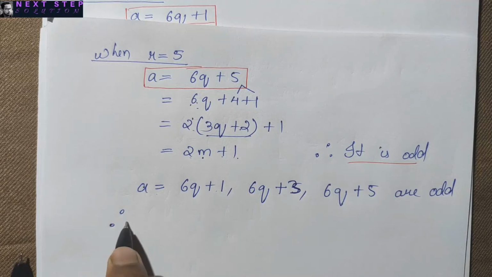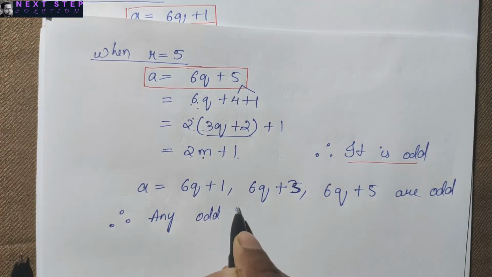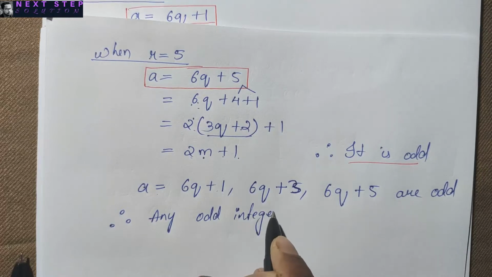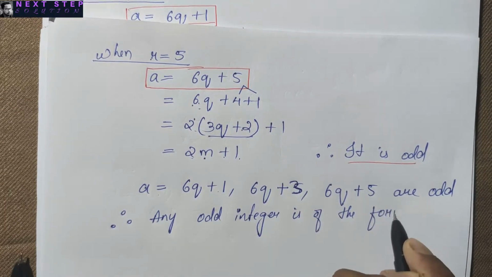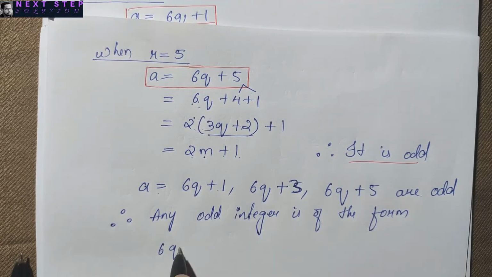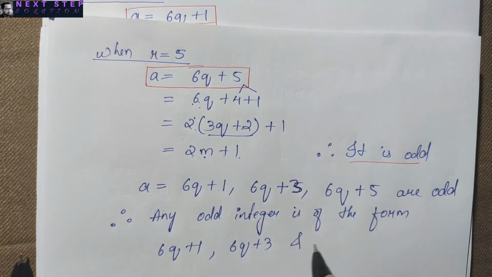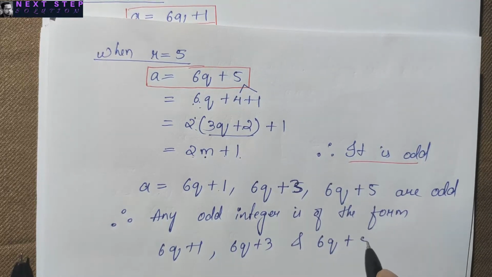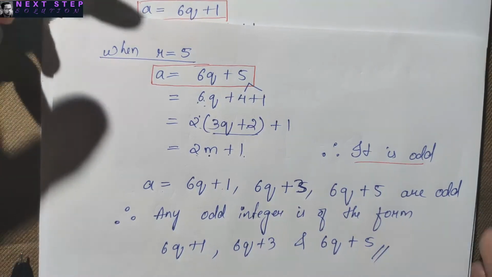Therefore, any odd integer is of the form 6q plus 1, 6q plus 3, and 6q plus 5. Hence proof. Let us take another proof question from the book.